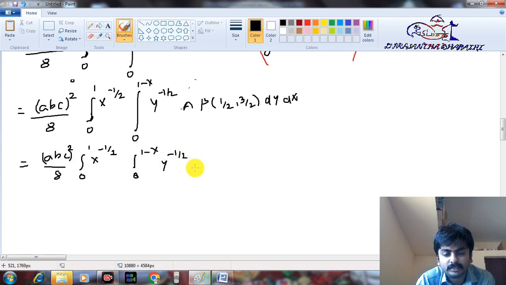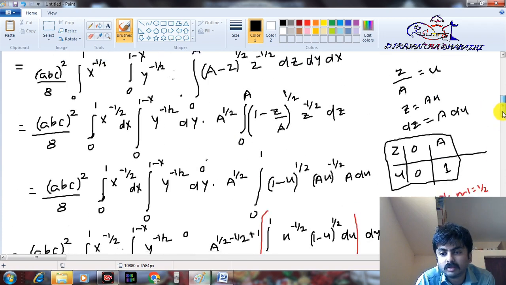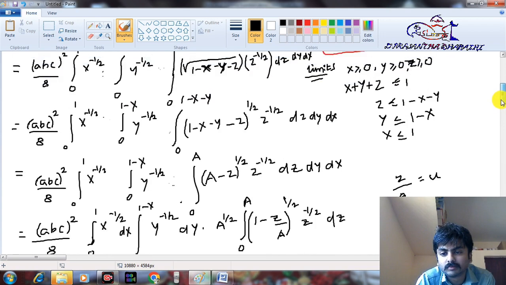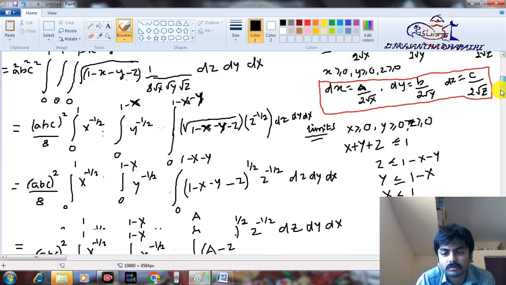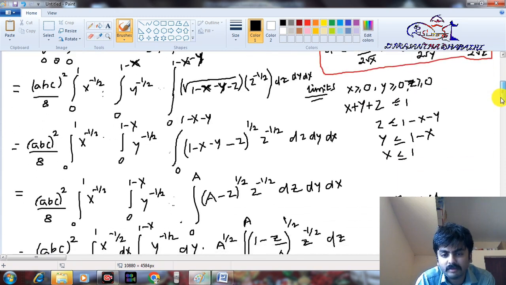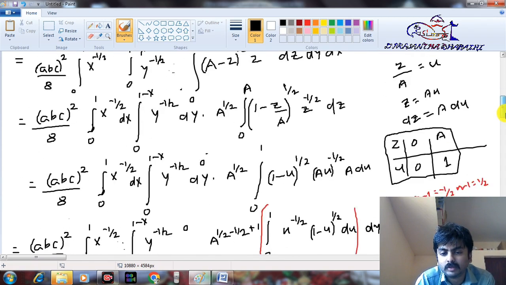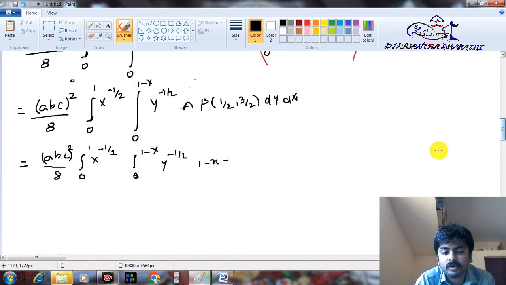What is the value of a? I have expanded here a equal to 1 minus x minus y. Capital A equal to 1 minus x minus y.